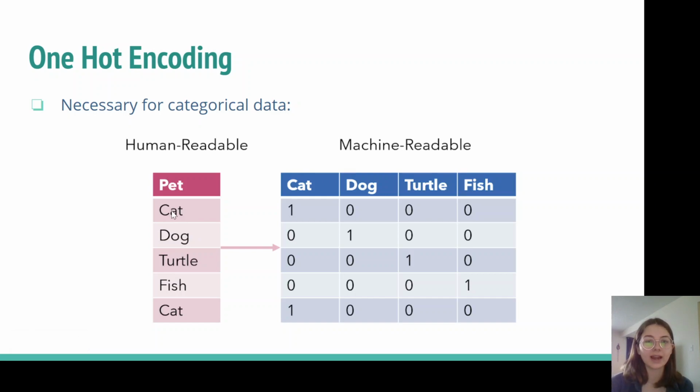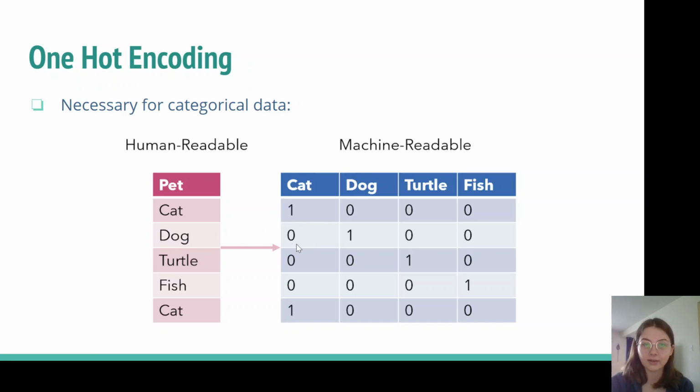We can actually replace this one column with 4, where we take all of the unique values that appear, and each unique value gets a column. Now, for the row that had pet cat, within this list of 4, it will get a 1 under the cat heading if it has a cat, and a 0 anywhere else.